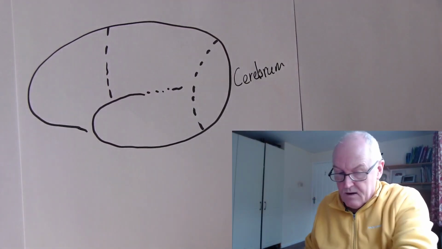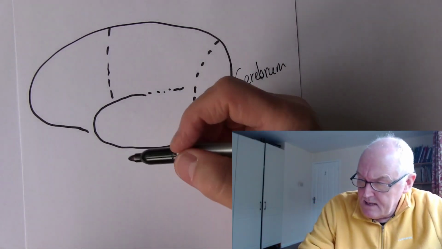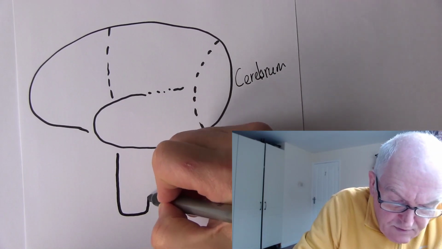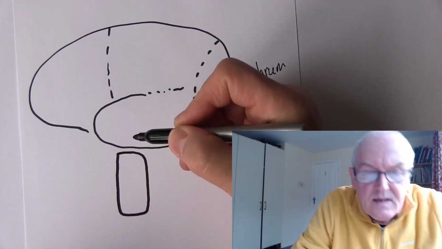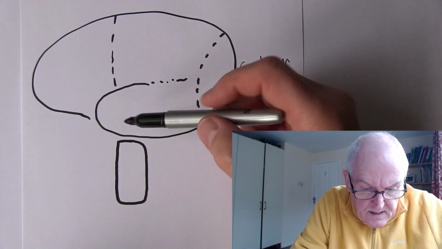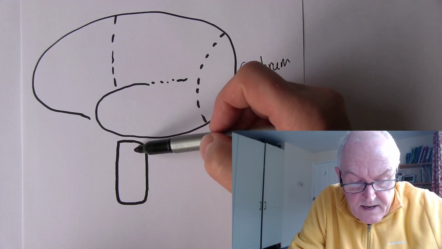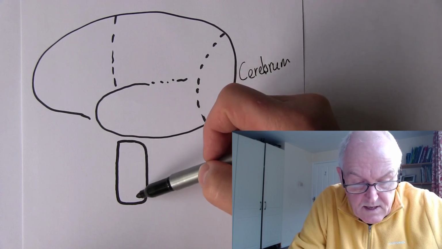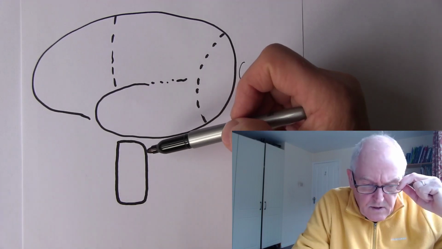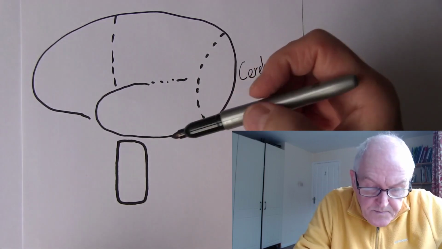Good. Now, towards the front of the brain, we also have the brain stem just here. The brain stem is divided into three parts: the midbrain, the pons, and the medulla oblongata. A lot of vital autonomic functioning goes on in the brainstem, controlling vital activities like breathing, for example.